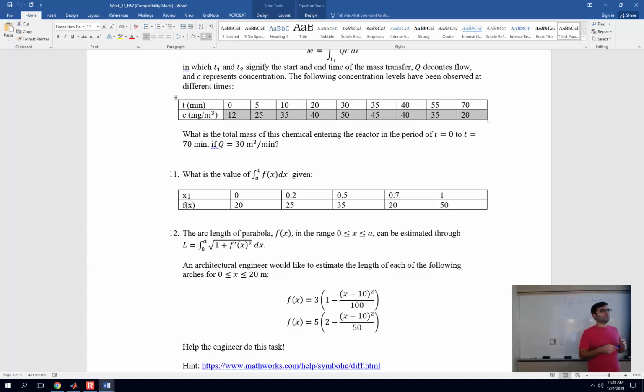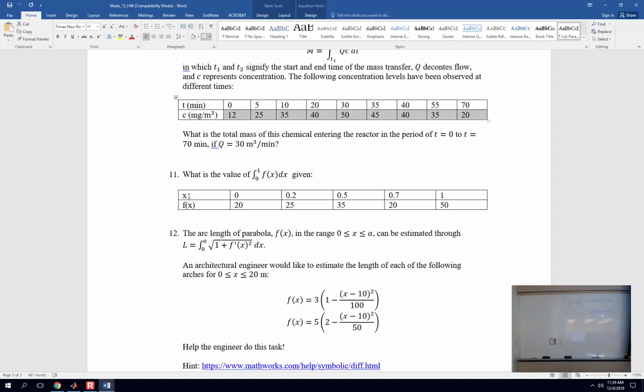And I have a bunch of values for x and f. What is the method that I can use for this? Still trapz, right? We don't have a function. We only have a bunch of points. The only thing that I can do is trapz.